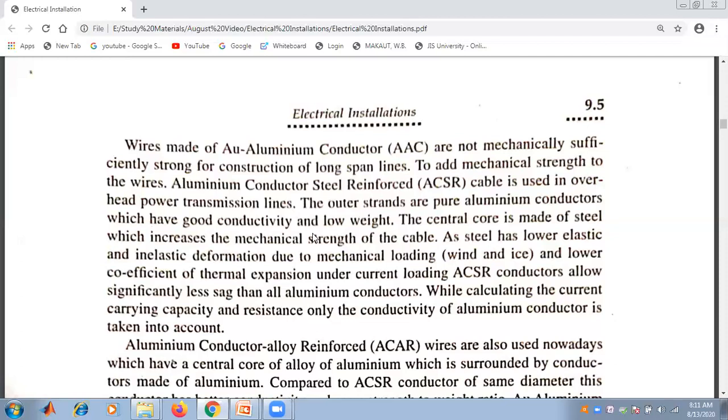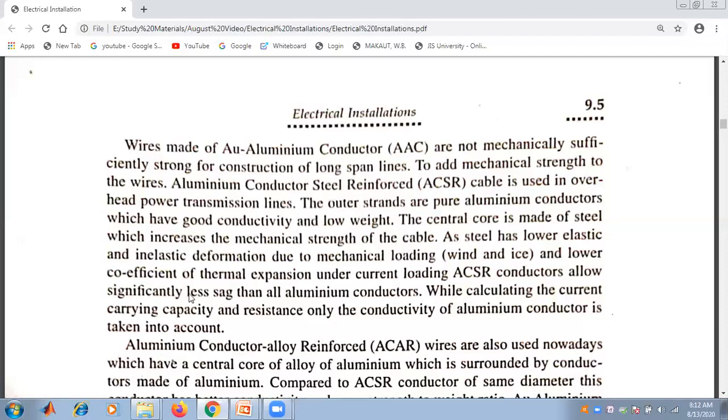The central core is made of steel in order to increase the mechanical strength of the cable, as steel has lower elastic and inelastic deformation due to mechanical loading, that is wind and ice loading, and a lower coefficient of thermal expansion under current loading.